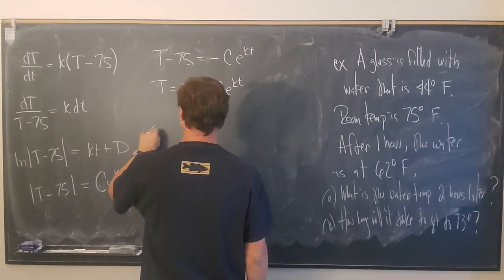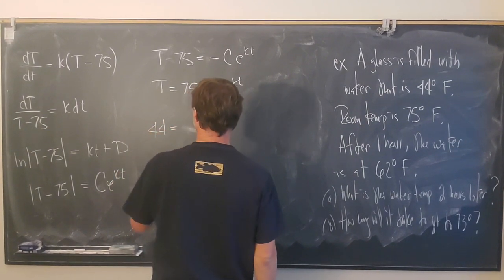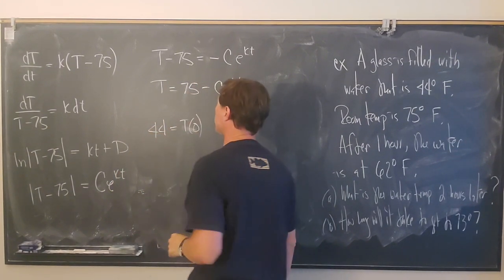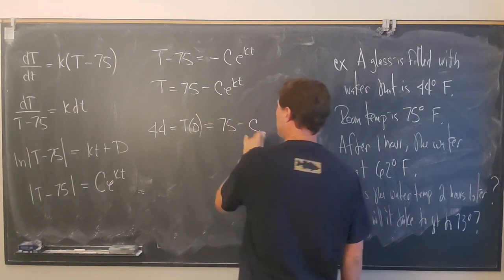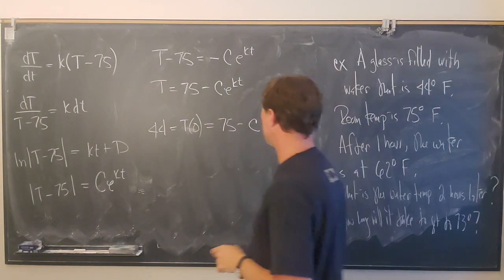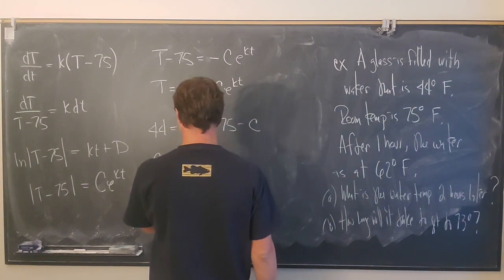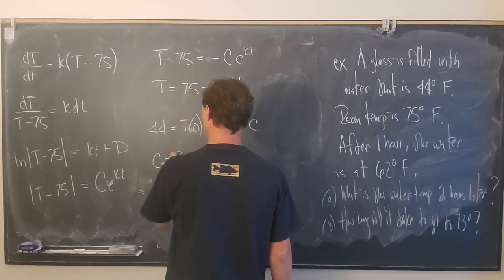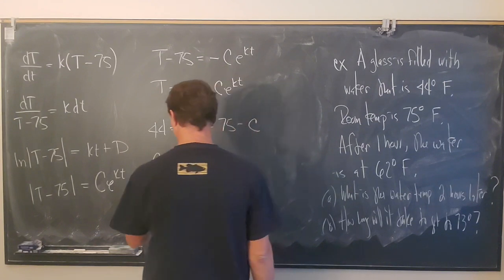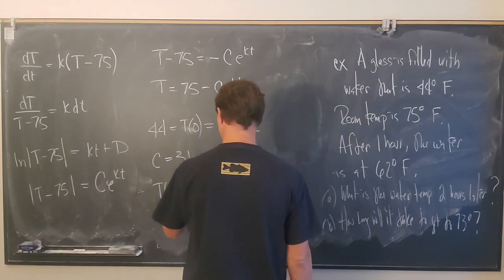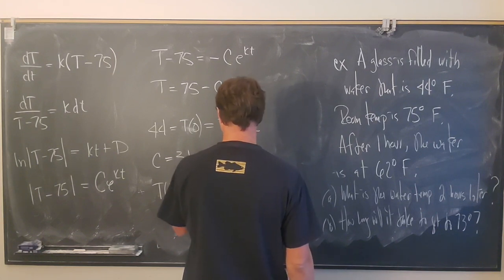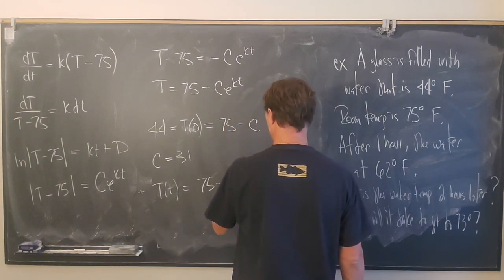So we know that 44 is equal to our initial temperature, and that's equal to 75 minus C. So that tells us that C is equal to 31. So now we know that T of t is 75 minus 31 e to the kt.